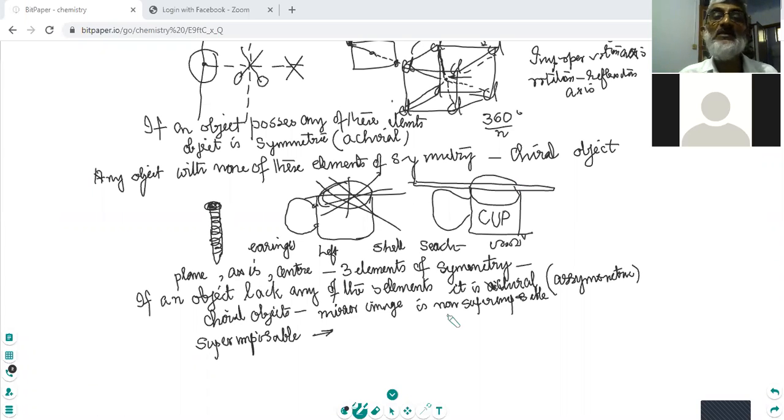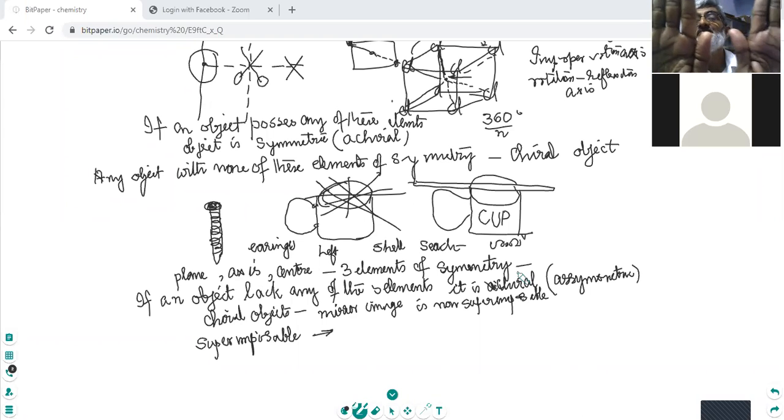Okay, now see here. Look at my hand. If I keep a mirror on this side, and you look at the image in the mirror, it will be this one.